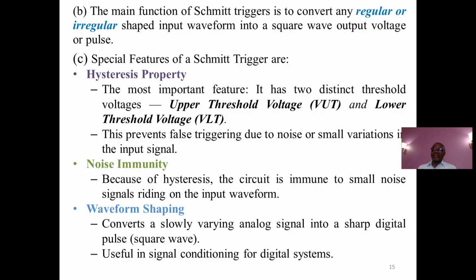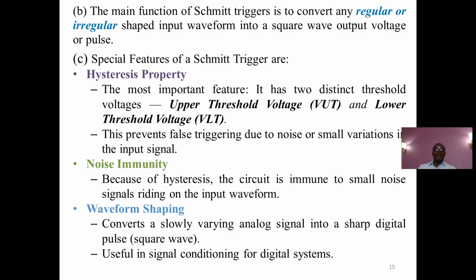And that serves as the input to that device, which needed a clear square wave to act. So the main function of a Schmitt trigger is to convert any signal, whether regular or irregular, into a square wave output.